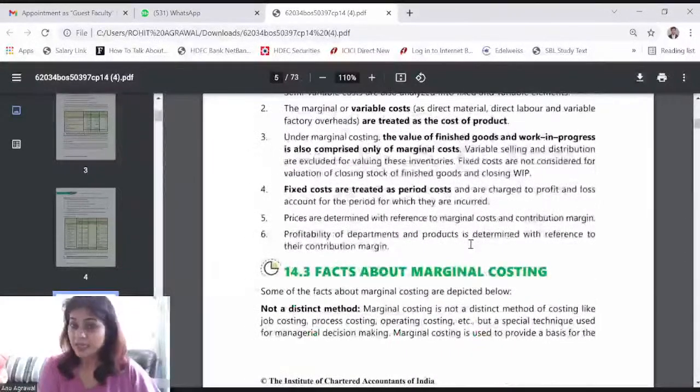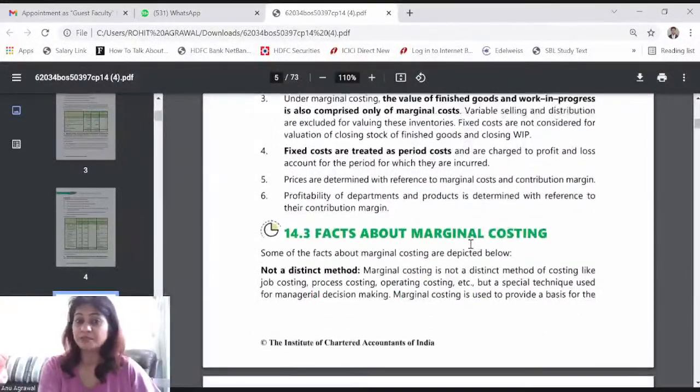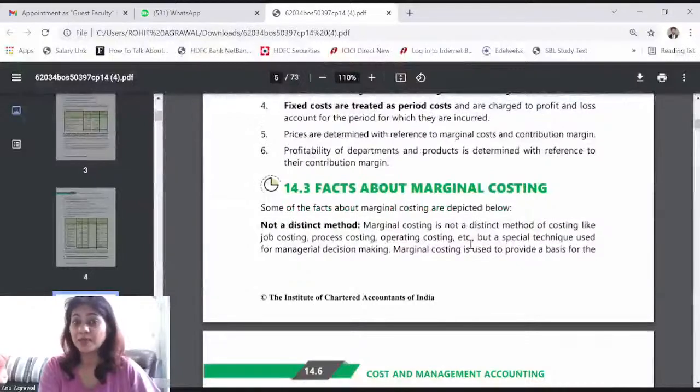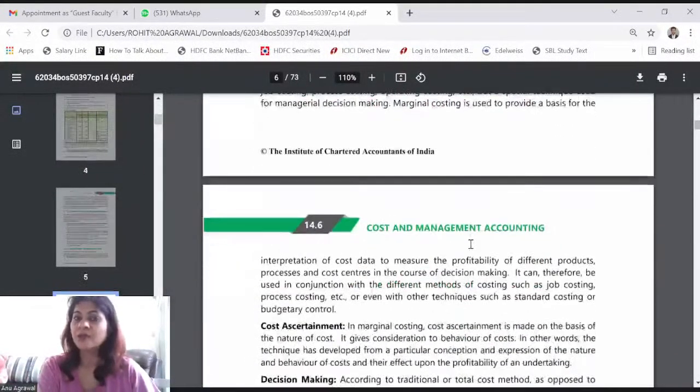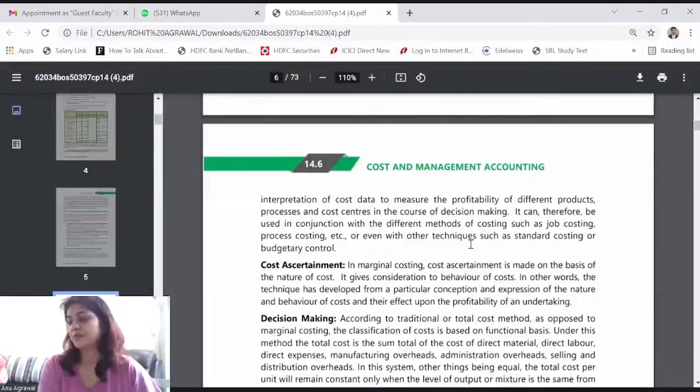Then they're talking about the characteristics of marginal costing, the facts about marginal costing. It is not a method of costing. It is actually a method of decision making. I don't ascertain any cost by marginal costing. It is not a methodology to find out any cost, and it is not a distinct method.